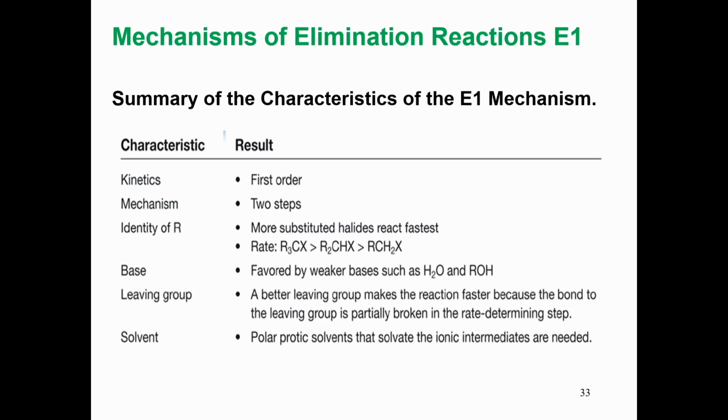In this case, the more substituted, the better, meaning tertiary is feasible for E1, primary is never feasible. Unlike E2, weak bases favor E1. Just like E2, a good leaving group favors E1. Unlike E2, polar protic solvents favor E1.